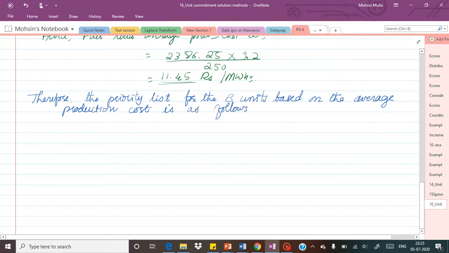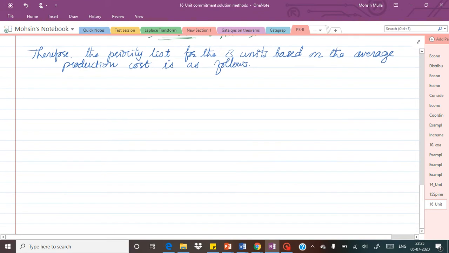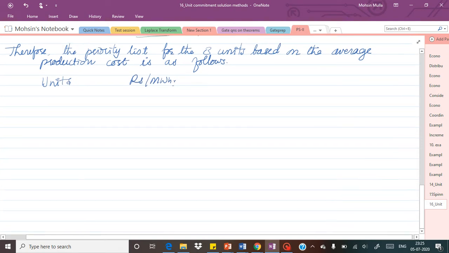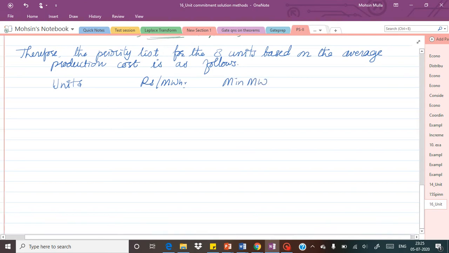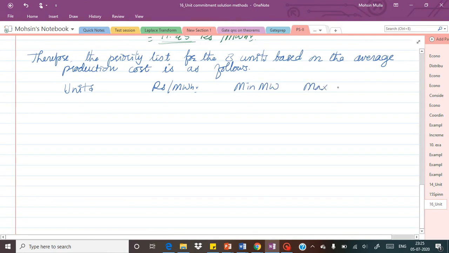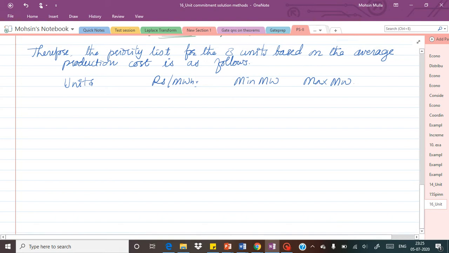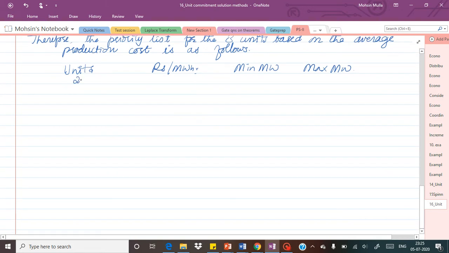Let us put it here in the form of a table. Let us first take the units, then their production cost, then minimum megawatt, maximum megawatt.